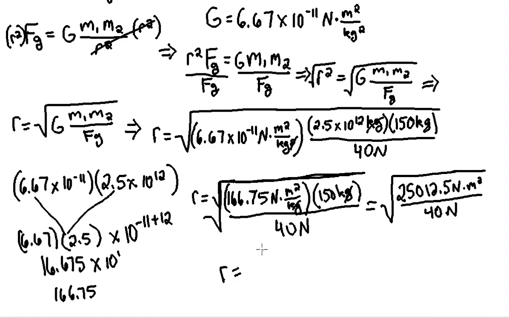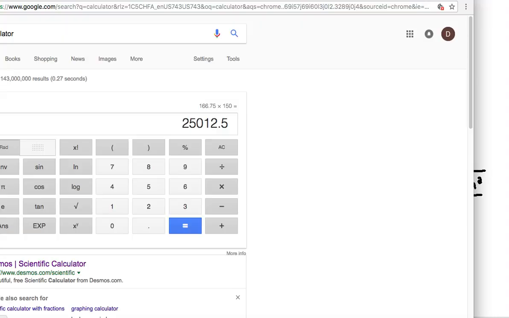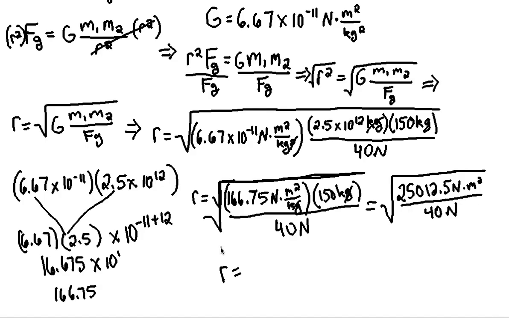Okay, so now we're going to deal with this division here. So 25,012.5 divided by 40. So I take this, divide it by 40, and I get 625.3125. So I still have my parentheses here. 625 point, I believe it was 3125.